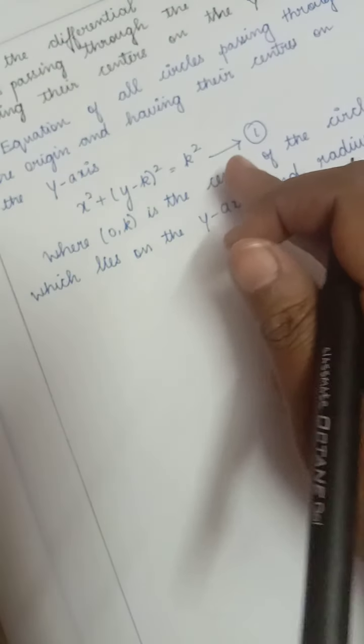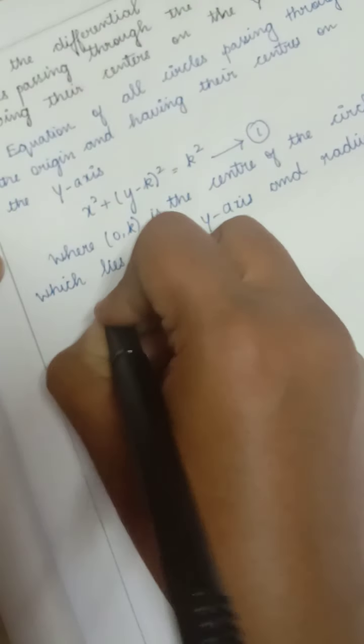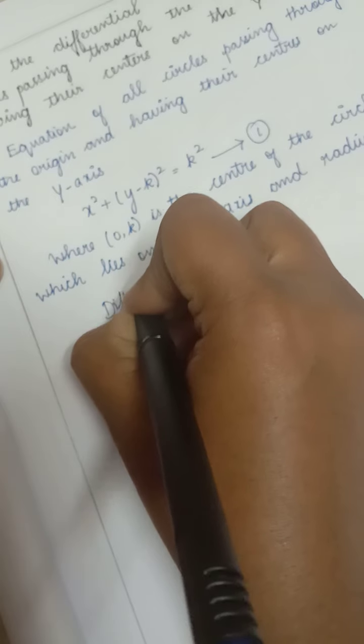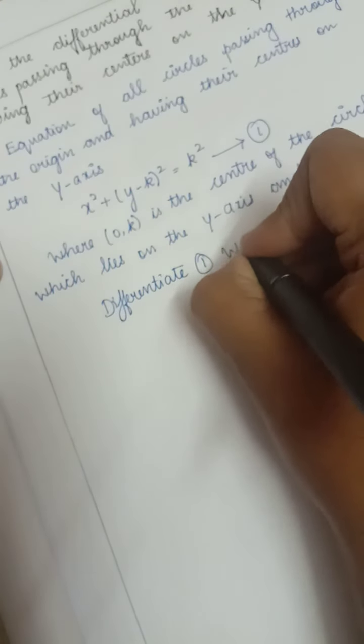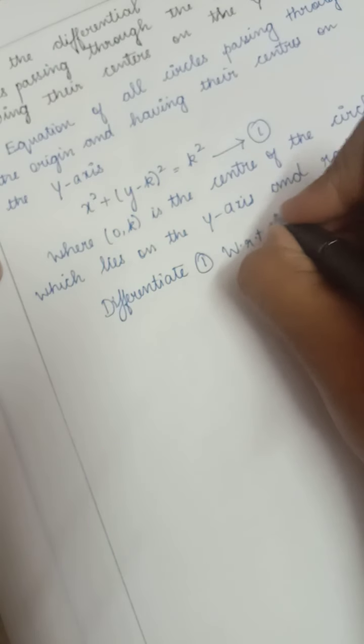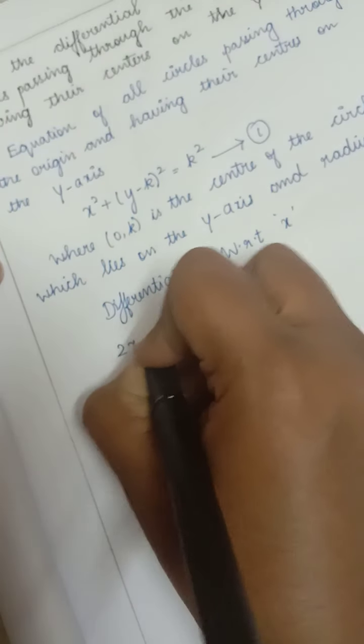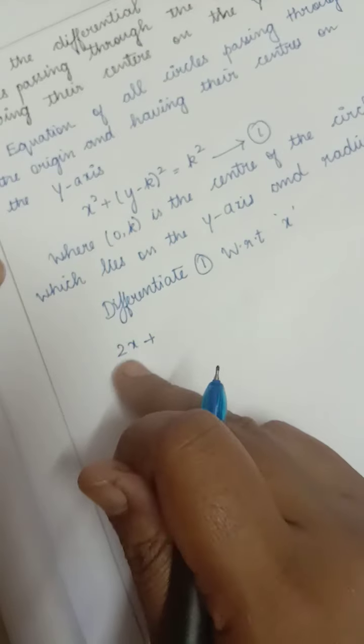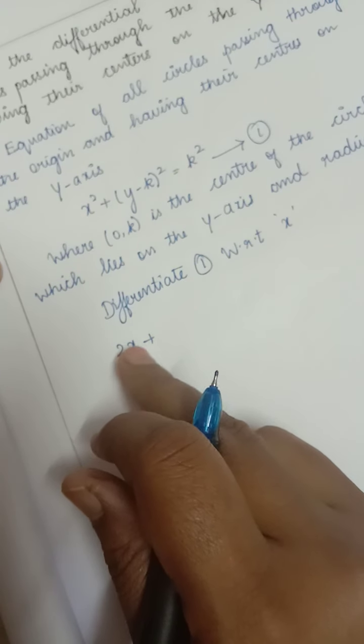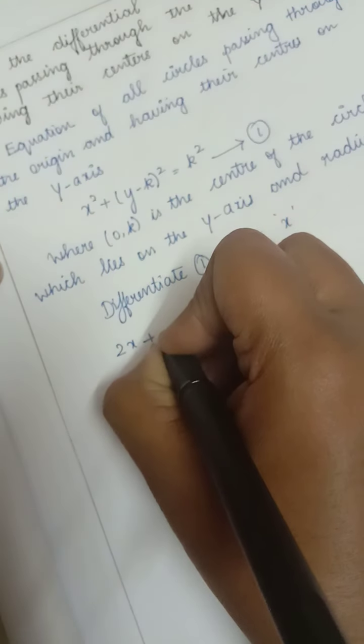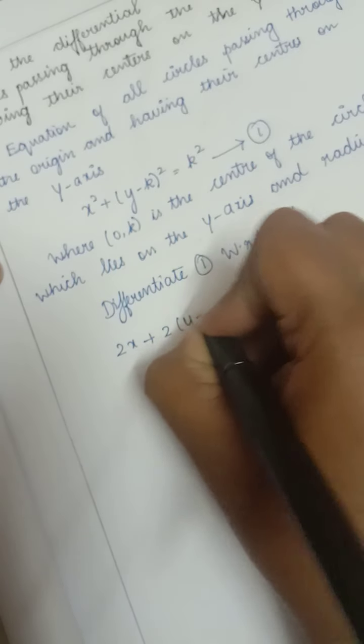Now I am going to differentiate 1 with respect to x. So 2x plus, we are differentiating x, so no need to put the dx by dx. Then 2 into (y minus k).